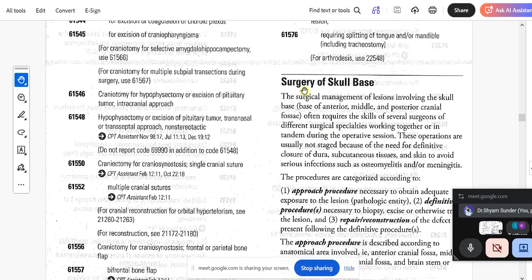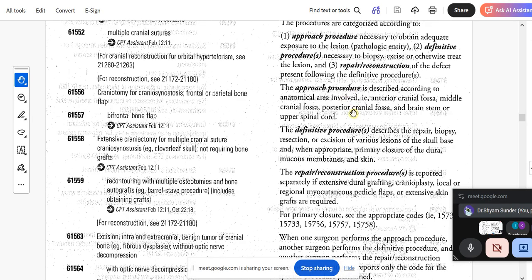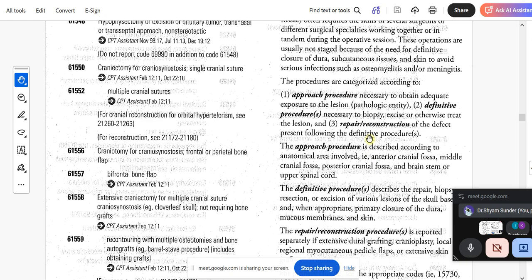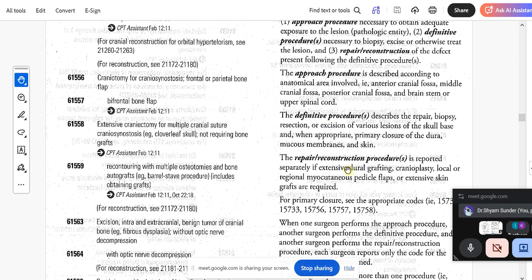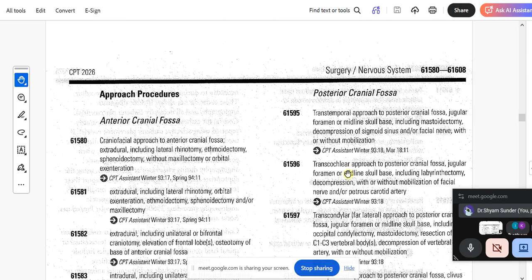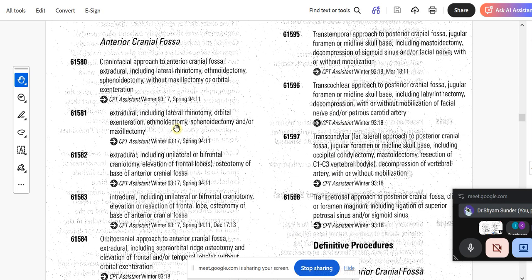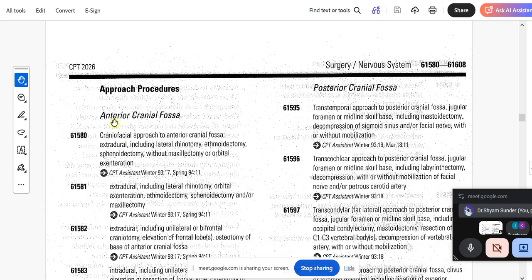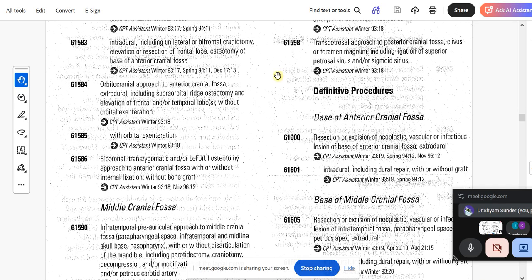So for those complex procedures, we of course have surgery of skull base. For this also, you should know what is the region, what is the approach. Approach procedure and definitive procedure, on which lobe, which region. So we have anterior cranial fossa, middle cranial fossa, and posterior cranial fossa.